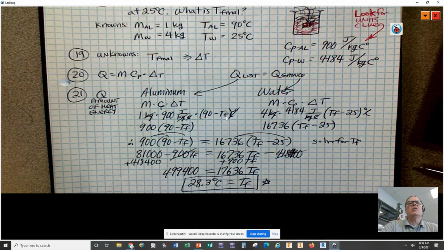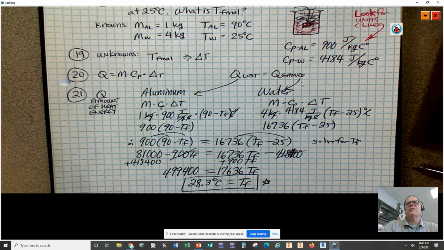Again, we don't know the final temperature yet, because this 90 is going to cool down to some final temperature, but we don't know what it is yet. So if you use your distributive property, 900 times 90 gives you 81,000, and 900 times TF gives you 900 TF. And so that is the equation for the Q lost.